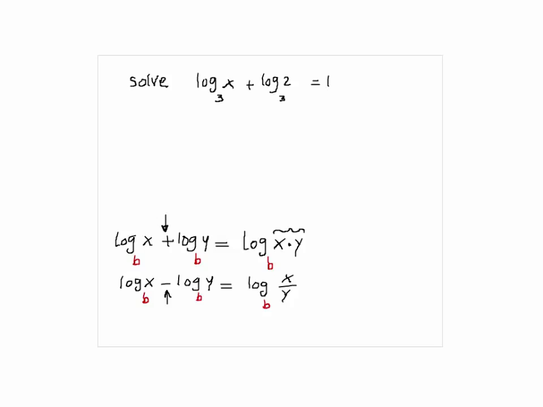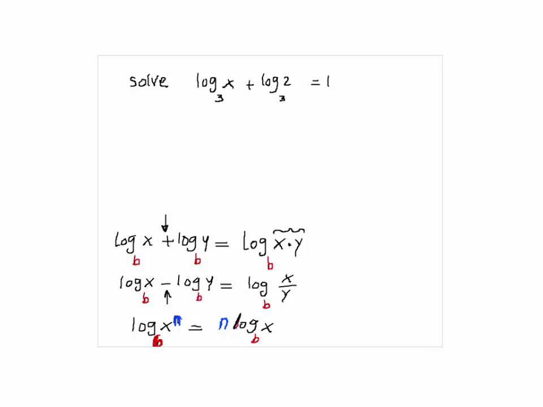There's another one. If I have log of x to the power of n with the base b, can somebody tell me what this is equal to? Okay, looks like everybody needs to review the properties of logarithms. This would be log of x with the base b, and then we can put the exponent right in front of the logarithm.